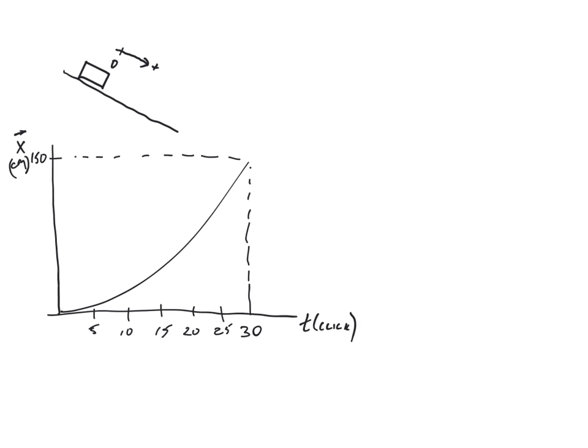So now that I've put some numbers on this graph, what I want you to do is see if you can tell me, over the 30 click time interval from beginning to end for this puck, what was the average velocity? Hopefully, you guys remember that average velocity is defined as the slope of a position time graph.